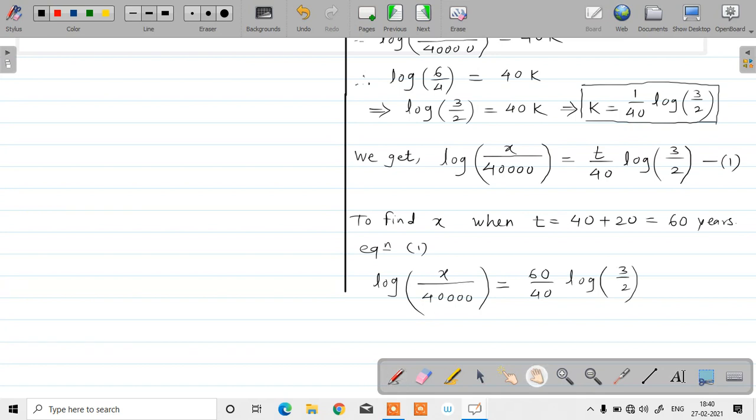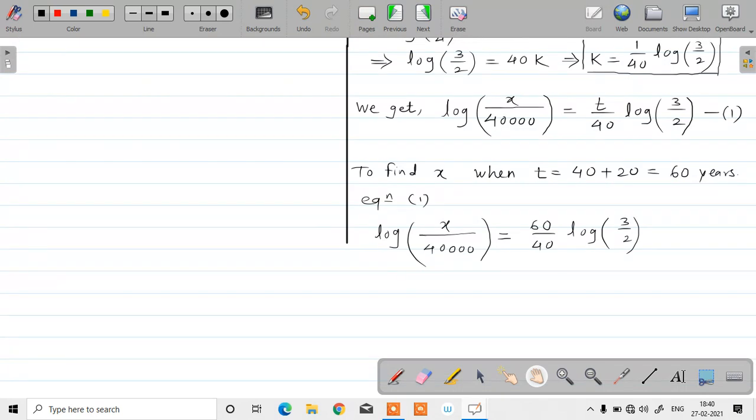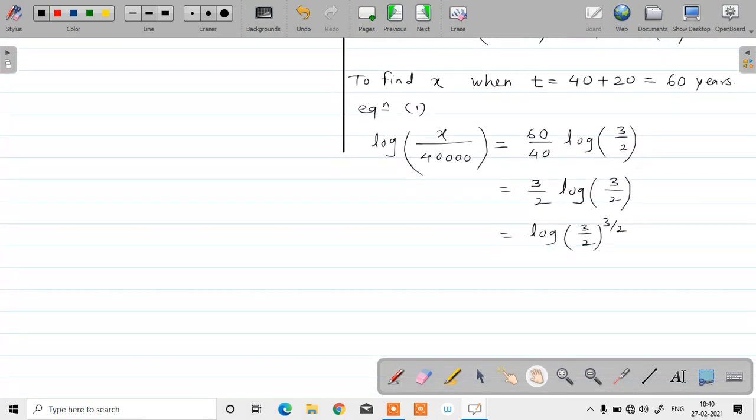Now just do the calculation here. Here 60 upon 40 means again it is 3 by 2 into log of 3 by 2. That means by the logarithmic rule it is log of 3 by 2 raised to 3 by 2. Now comparing both sides we get x upon 40,000 is equal to 3 by 2 raised to 3 by 2.